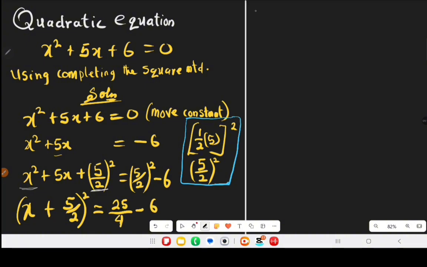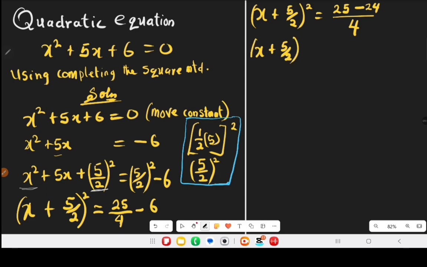Then if we continue, we have x plus 5 over 2 all squared equal to, we look for the LCM of this side, which is 4, 25 minus 4 times 6, which gives us 24. Then this is the same thing as x plus 5 over 2 all squared equal to 25 minus 24, which gives us 1 over 4.